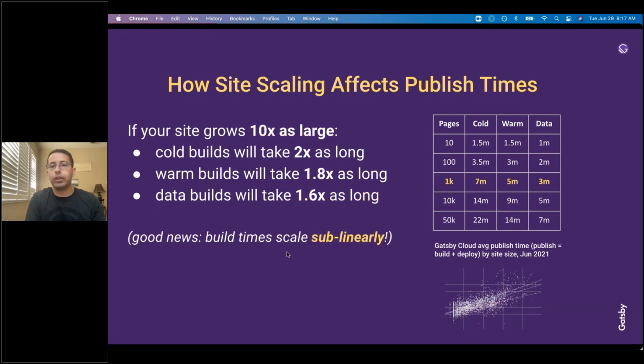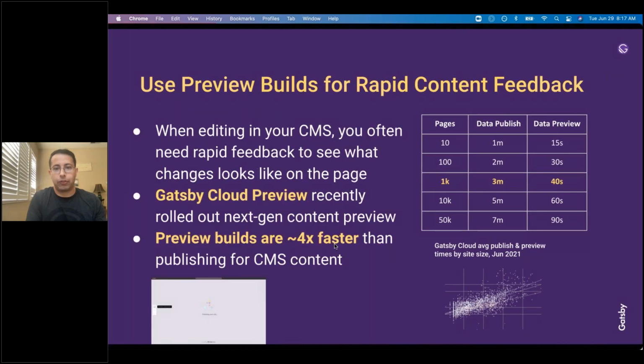And this is actually really good news, because you can see the build times are scaling sublinearly. You can scale a site and the builds stay somewhat manageable. Although obviously faster builds are better.